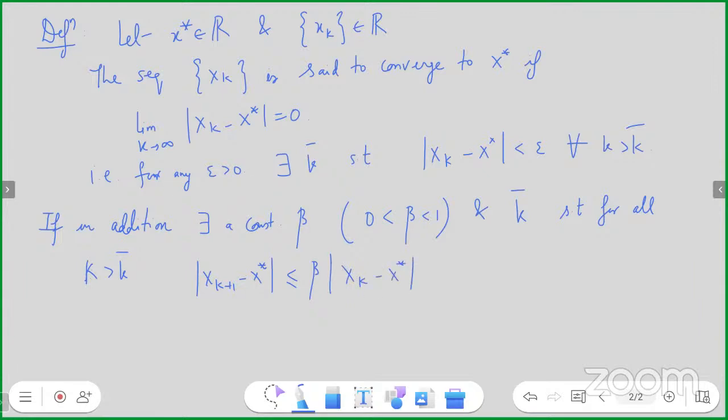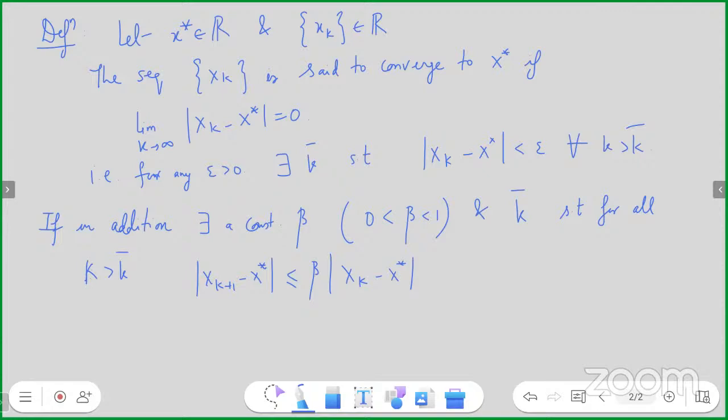What would you like to call it? I'll give a name anyway. So not only is this happening, the difference between successive iterates compared to the limit is decreasing at a rate beta essentially. What would you like to give as a definition, a name of this type?